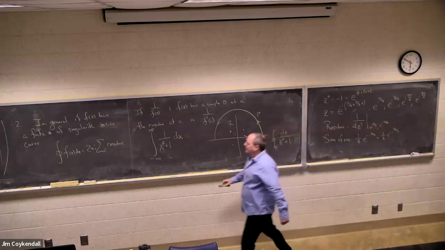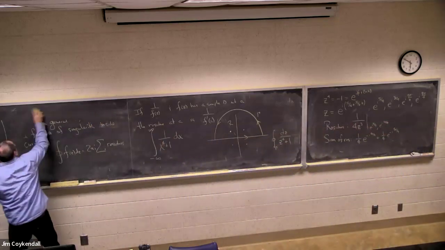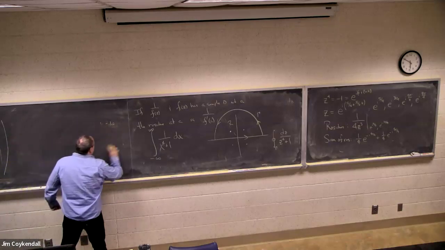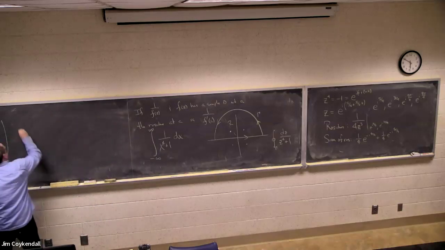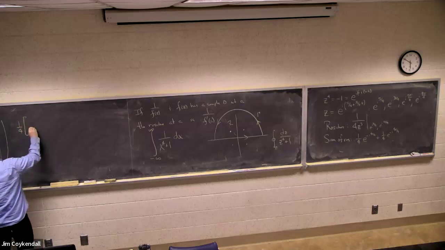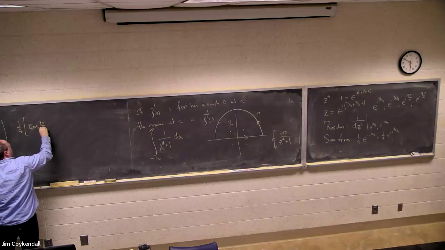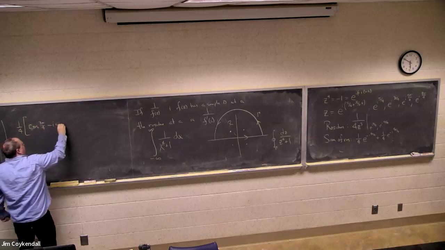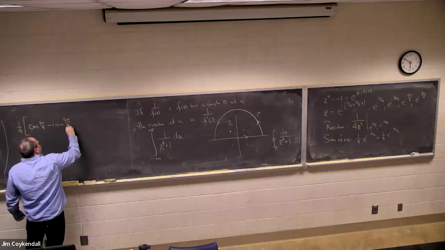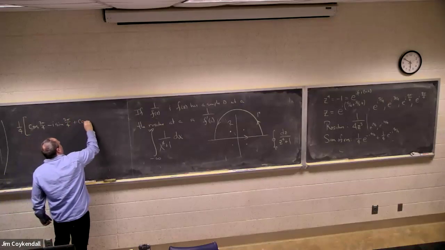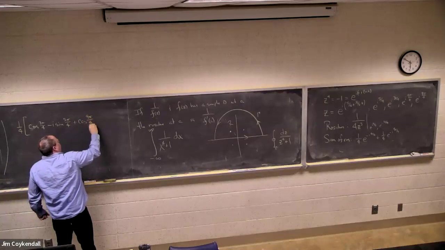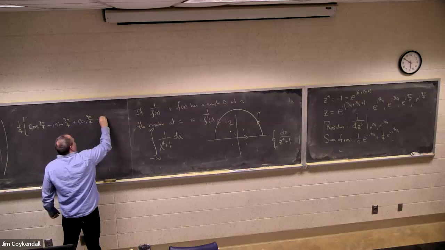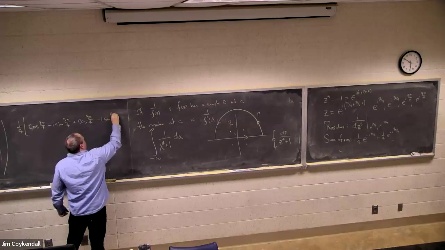Okay, so I get 1/4 cosine pi over 4 minus i sine pi over 4, plus cosine 3 pi over 4 minus i sine 3 pi over 4.